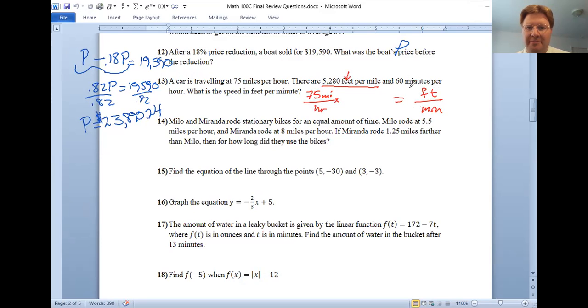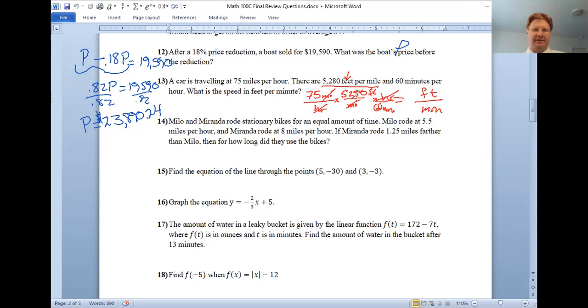This guy goes on top. That's our target unit. So 5,280 over, that's feet per mile. But then when we times it by this 60 minutes per hour, we need minutes on the bottom. So we've got to have 60 minutes, and that's for 1 hour. So if we times these guys, notice what happens. The hours cancel, the miles cancel, and we're left with feet per minute.